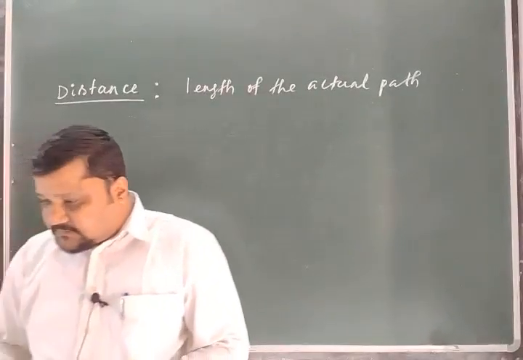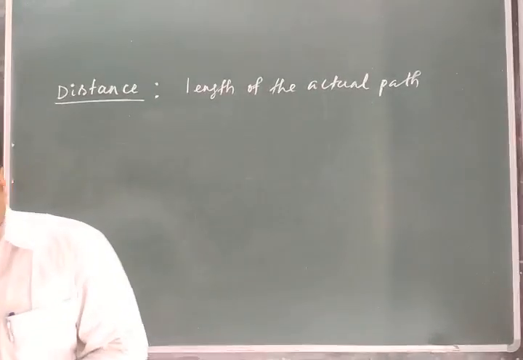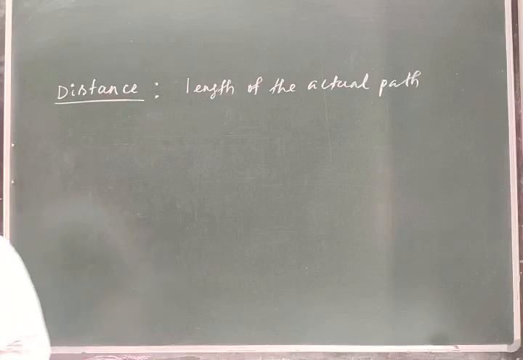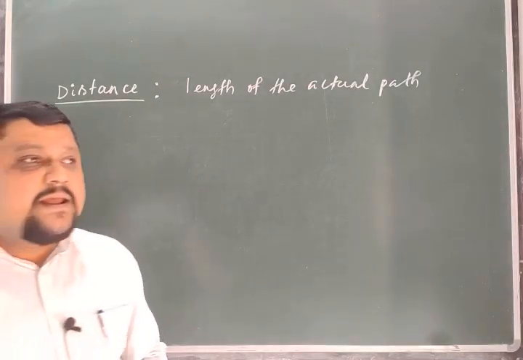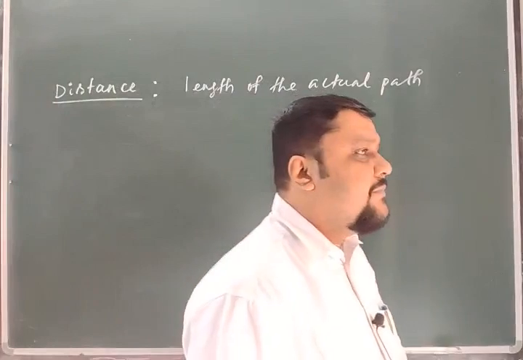So, we can say that the distance is the length of the actual path traveled by a particle between the initial and final positions of the particle in a given interval of time.